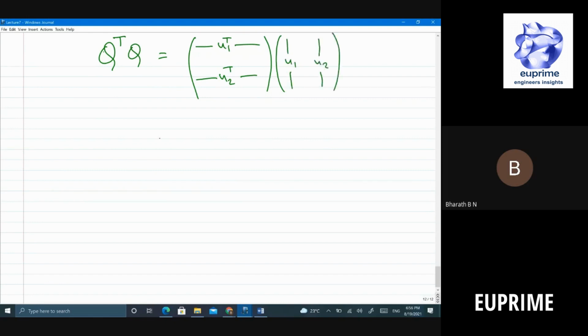This is what we get. So what is U1 transpose U1? 1. What is U1 transpose U2? 0. What is U2 transpose U1? 0. What is U2 transpose U2? 1. You get identity, right? So Q transpose Q is identity matrix. Is that fine?